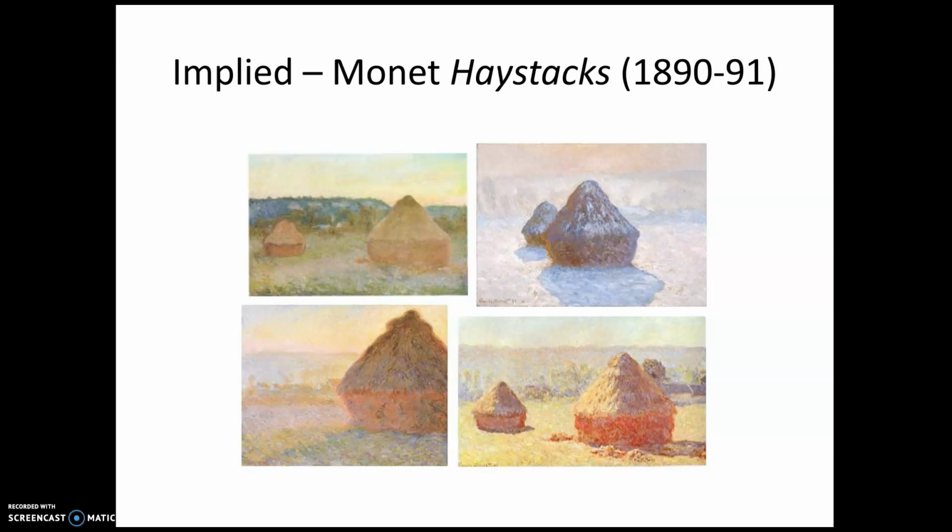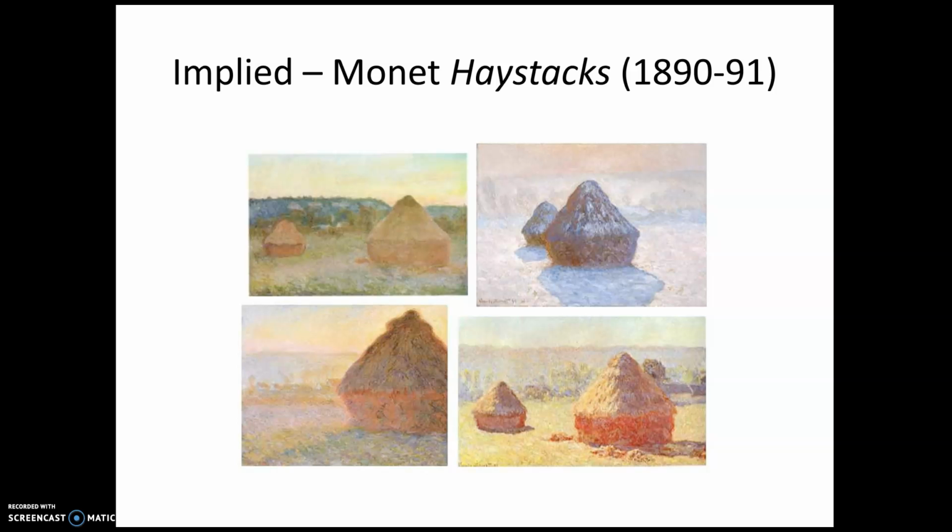This is implied time, and it's called Haystack. So the artist, at the time, 1890 to 91, there were no cameras. If you trace back the lineage of film, a lot of artists, if they wanted to create a series of time, would have to go back to the same spot over and over again.